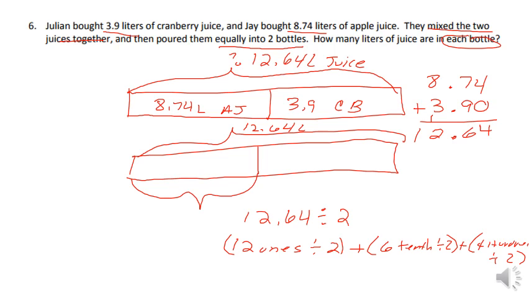Well, 12 ones divided by 2 is going to give me 6 ones, plus 6 tenths divided by 2 is going to be 3 tenths, plus 4 hundredths divided by 2 would give me 2 hundredths. So I can see that each bottle is going to have 6 and 32 hundredths liters.